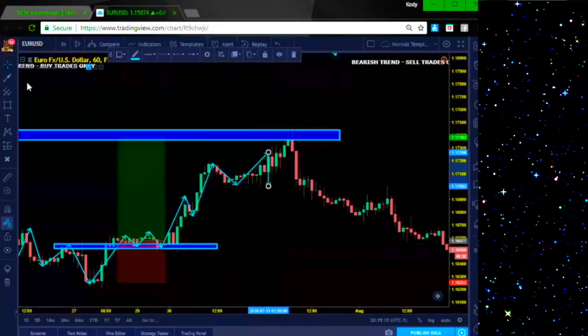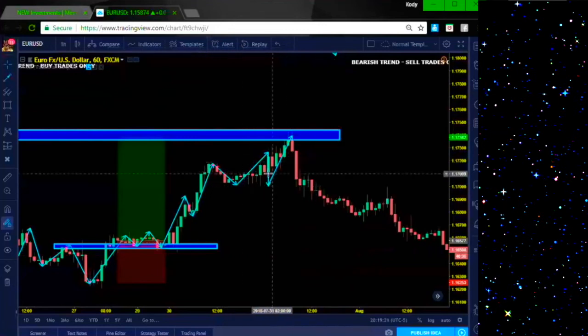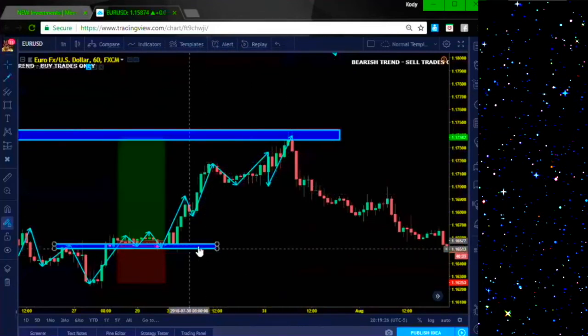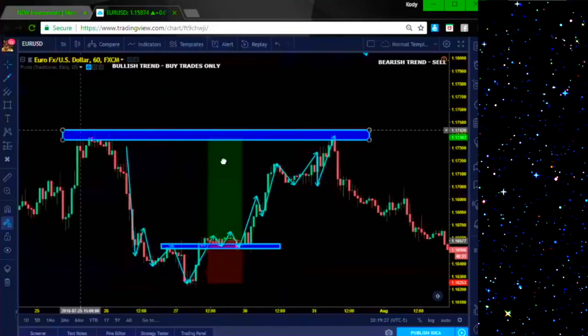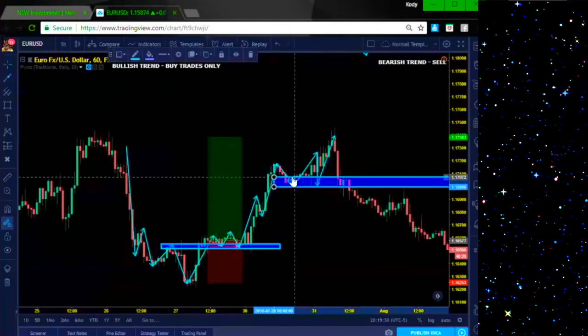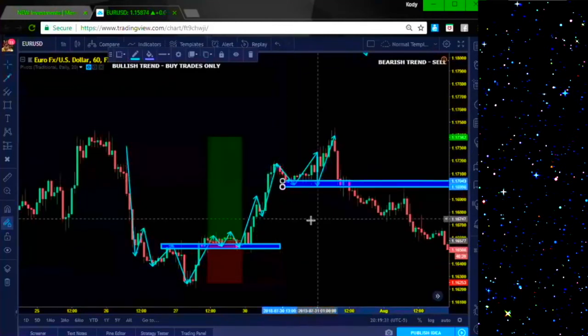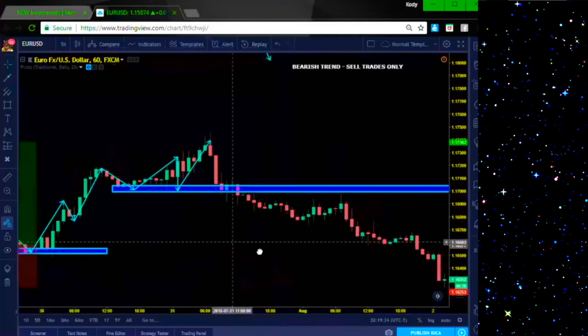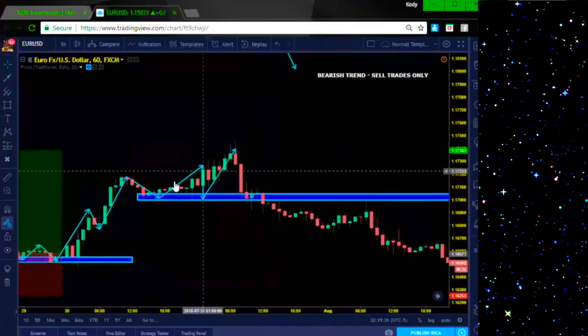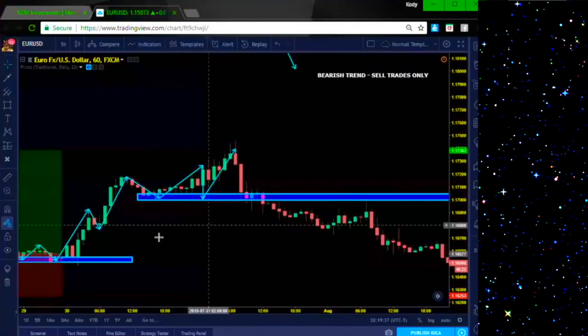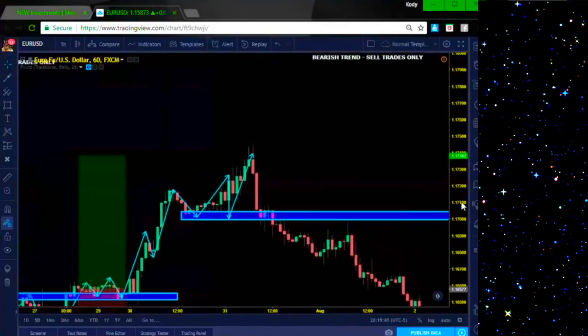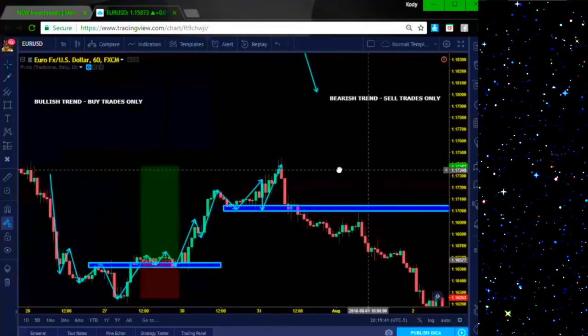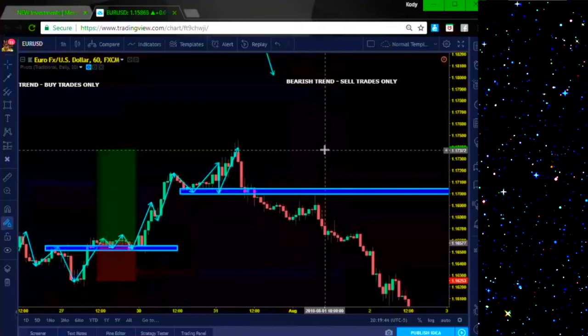Price comes up, and at this point right here, our structure is right in here. This is the point that the market needs to break before I'm convinced, based on the principles of market structure, that we're bearish.